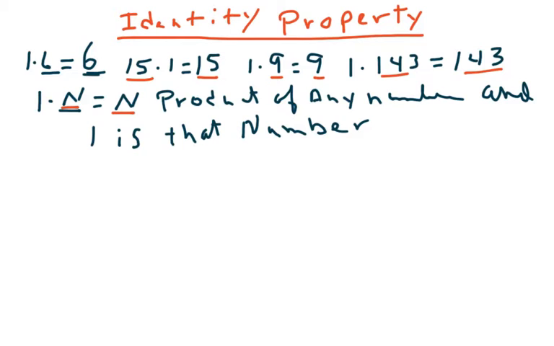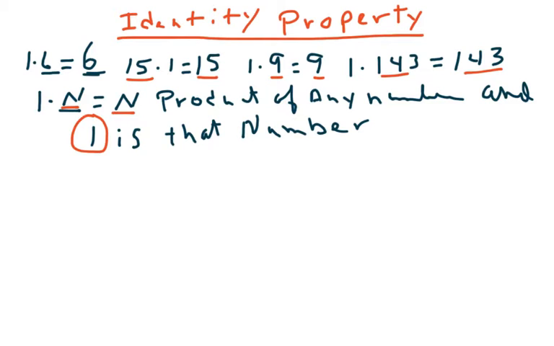The product of any number, and that's what n kind of represents, right? It's a variable, any number we want, and 1, the number 1, is that number. So that's the identity property.